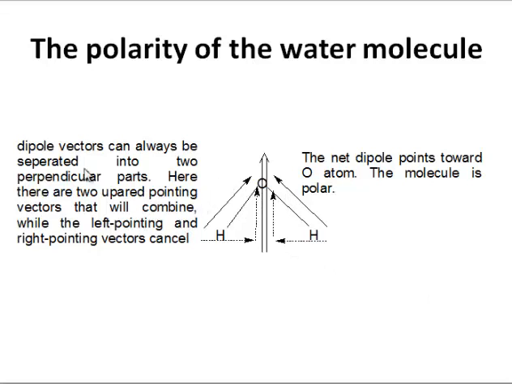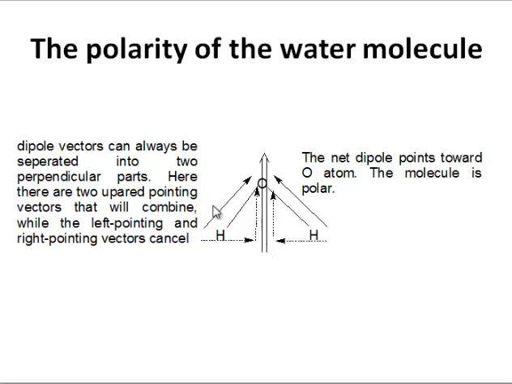Okay, here is our picture again. Dipole vectors can always be separated into 2 perpendicular parts. Here, this diagonal dipole is shown as made up of a horizontal and vertical part. And this leftward pointing dipole has a horizontal part in the opposite direction and a vertical part.